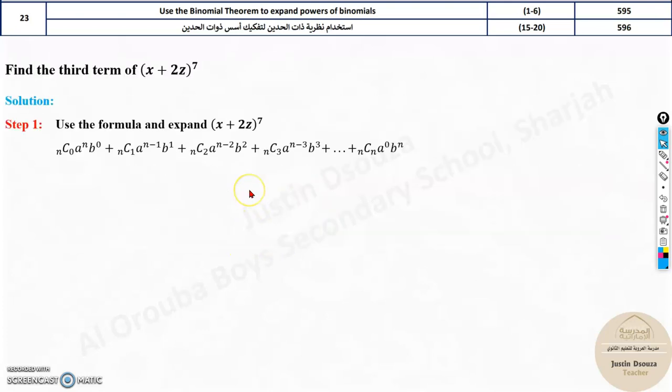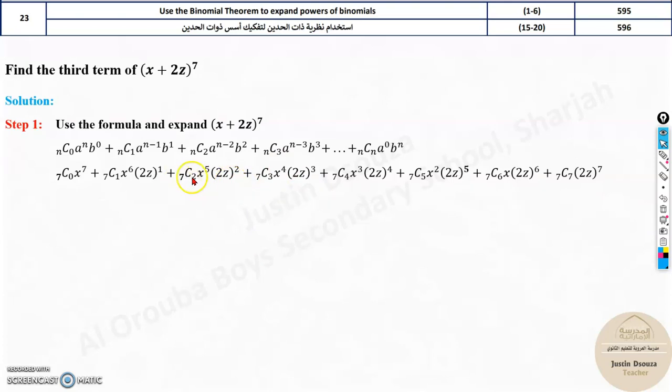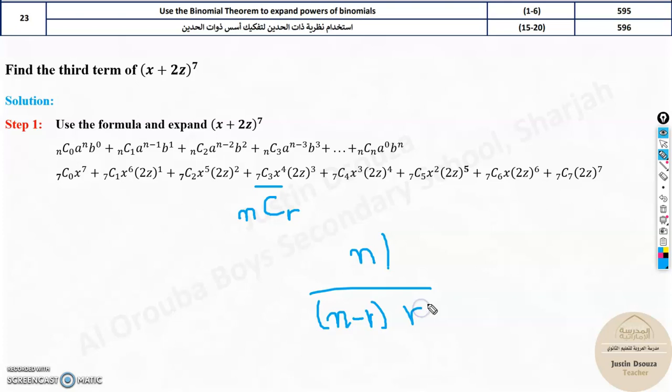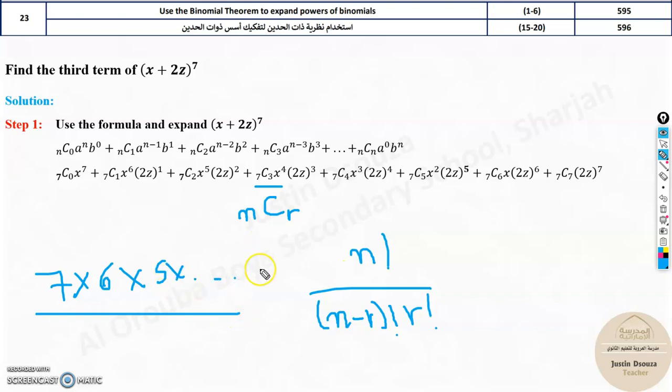Let me take this one for example. n is always the term which is behind C and r is the term in front of C. So n factorial divided by (n minus r) factorial multiplied by r factorial. Now, 7 factorial means you have to multiply 7 into 6 into 5 and it keeps on going, dot dot dot till 1.